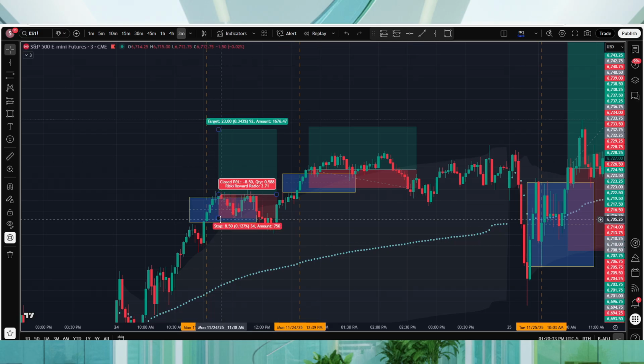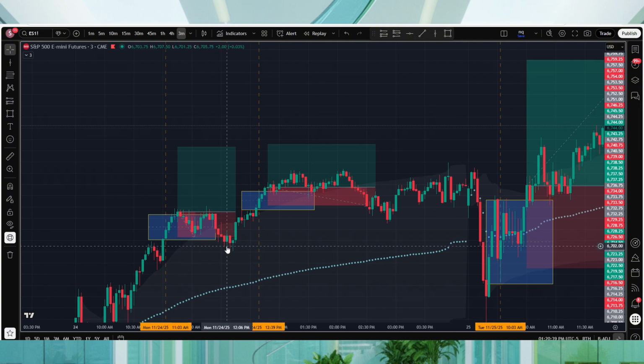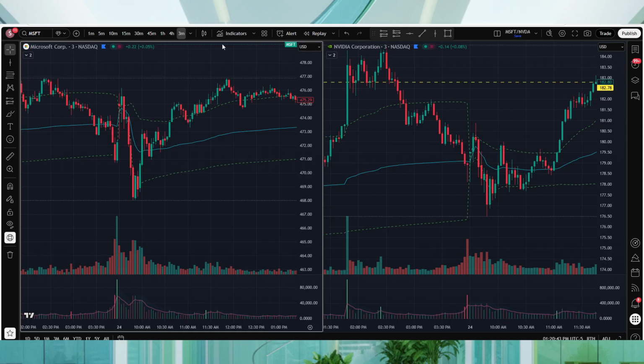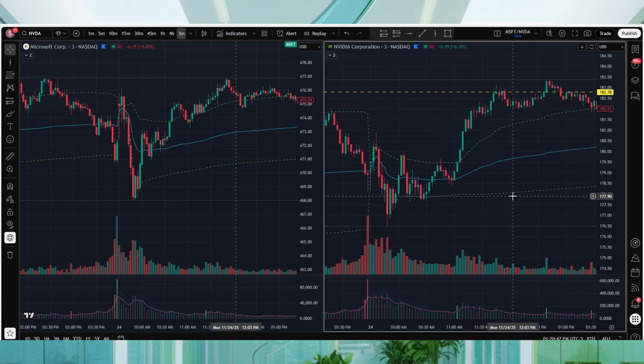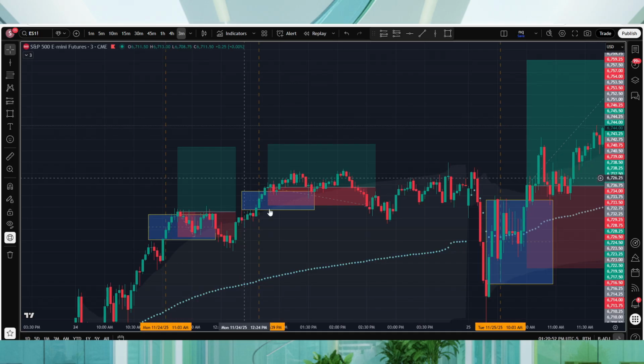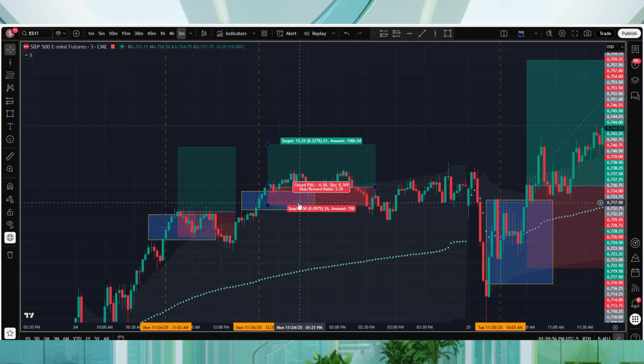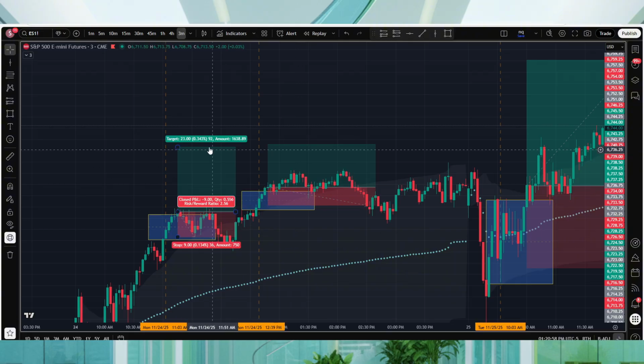Or 9, whatever. So 9. And then we get another trade here. So 11:36 is where we get stopped out. So just waiting. 12:39 is our next trade, correct? And then we get stopped again. So we get stopped out 7 points here, 9 points here.